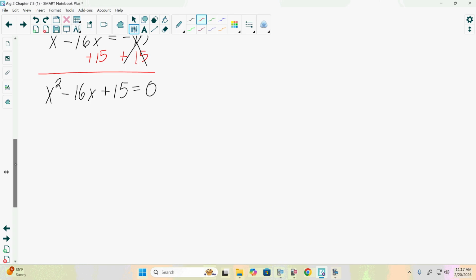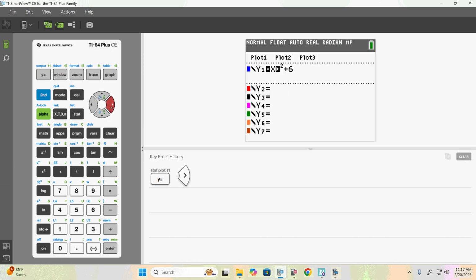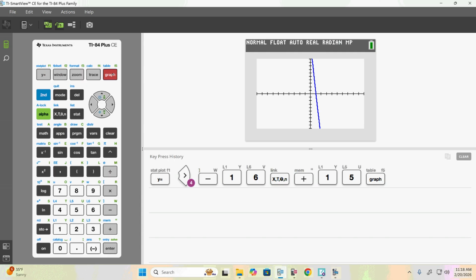Which tells us that what? We should be able to graph it. So if I wanted to graph this, we'd have x squared minus 16x plus 15. We can grab the graphing calculator, hit y equals, type it in and hit graph.